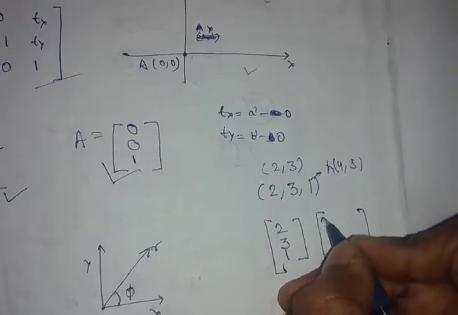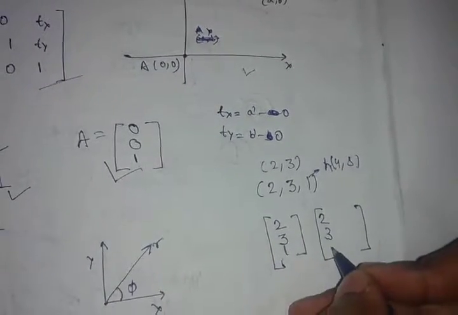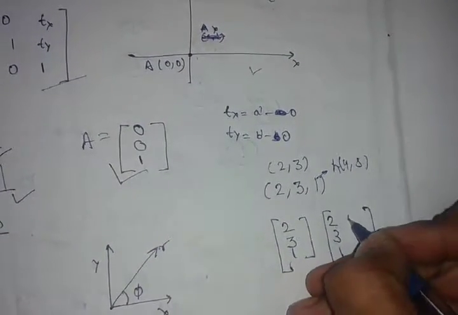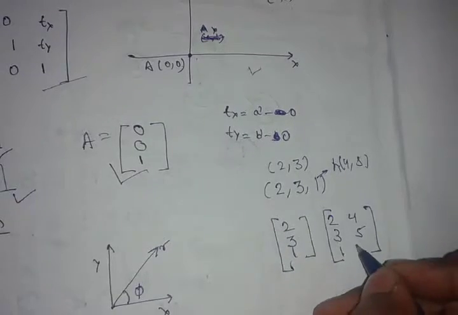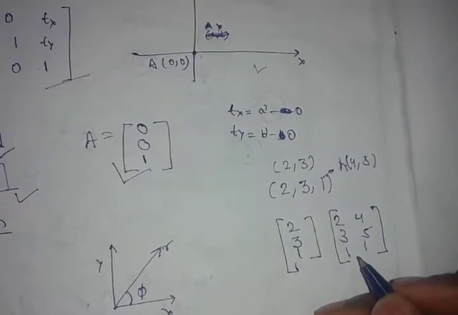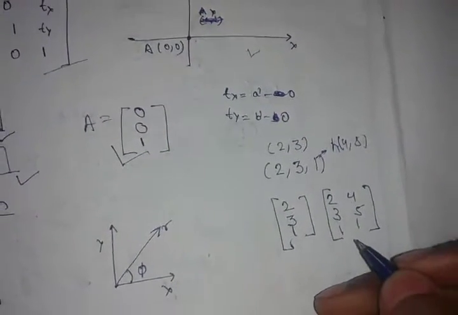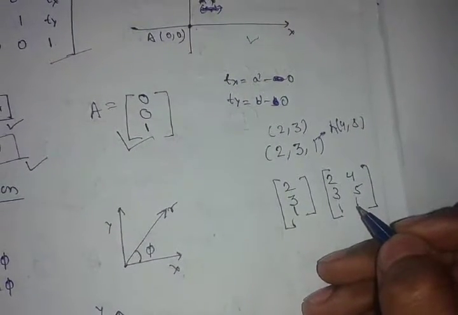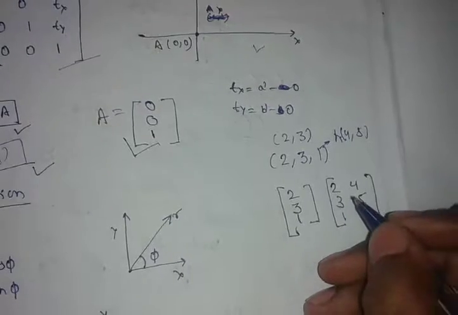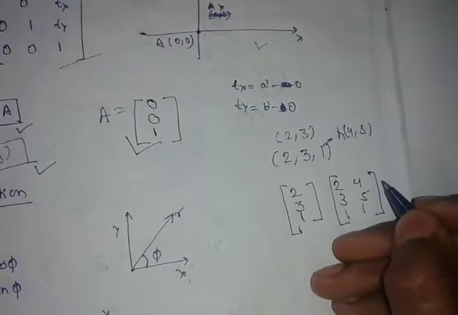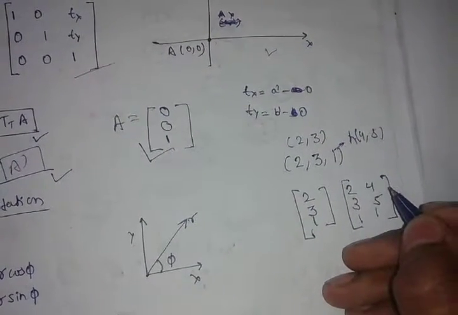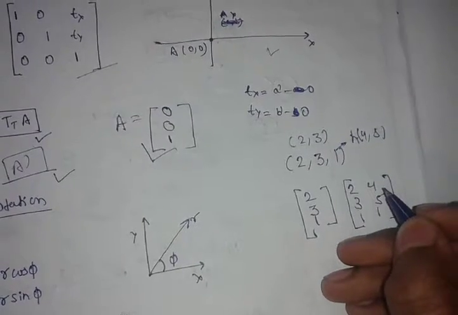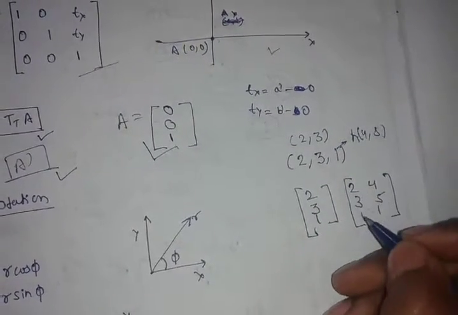Like 2, 3, 1 and 4, 5, 1. In a similar manner, for a triangle the homogeneous matrix will have 3 columns, and for a rectangle it will have 4 columns. Fine, but the rows are fixed.